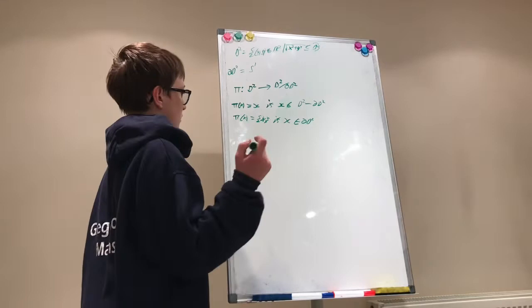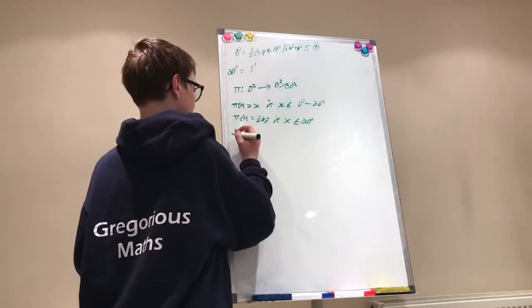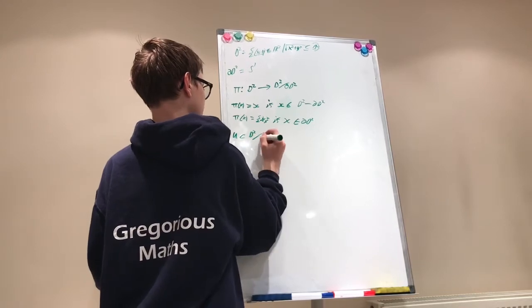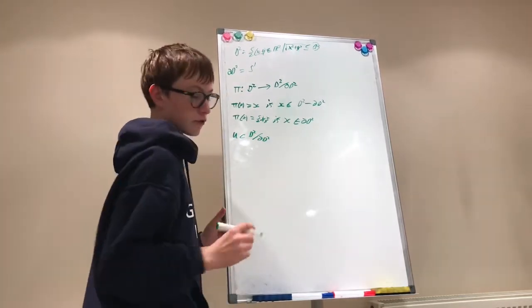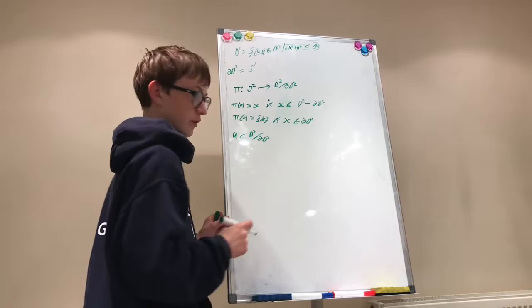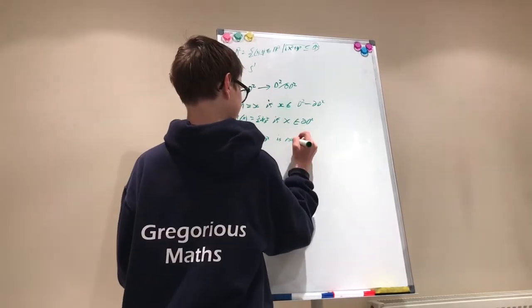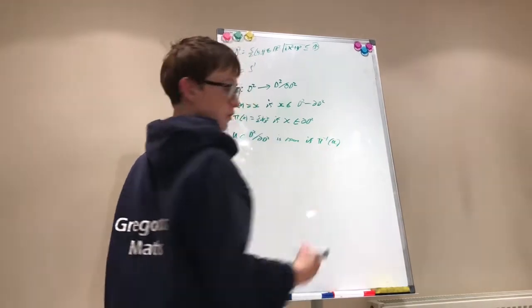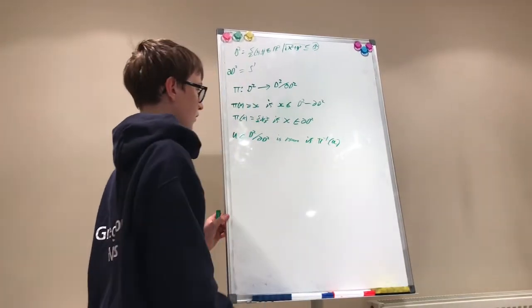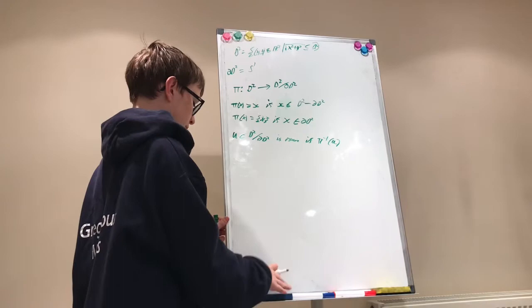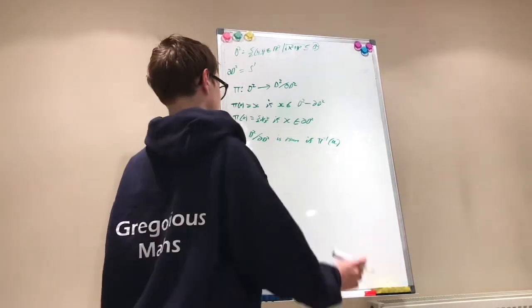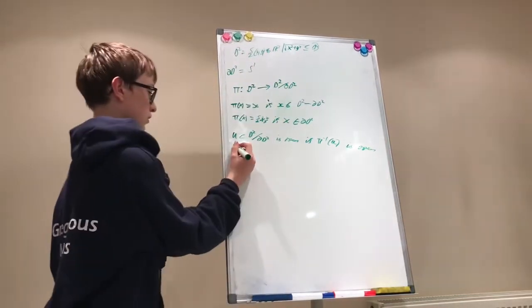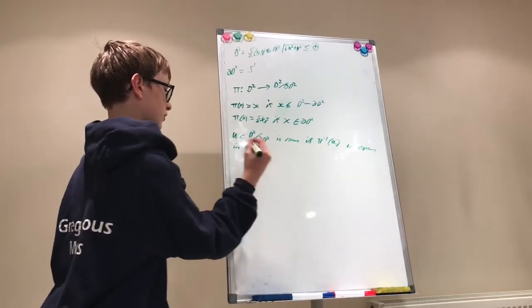Well, in this example, a subset U of the 2-disk mod the boundary is open if the preimage of U under pi is open in the 2-disk.